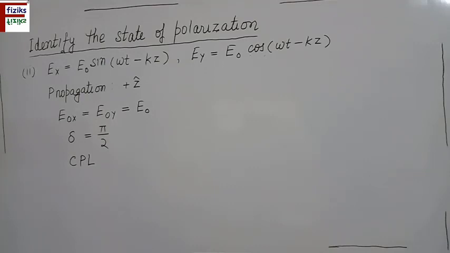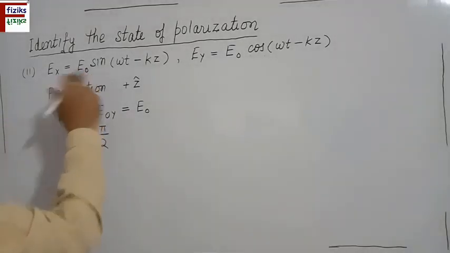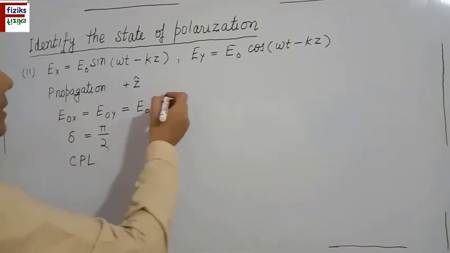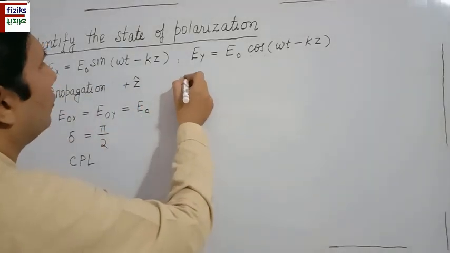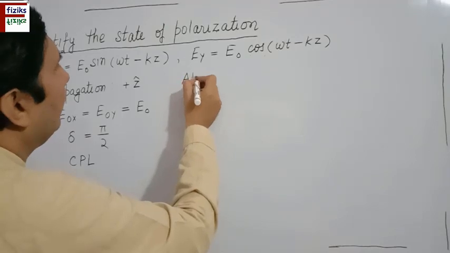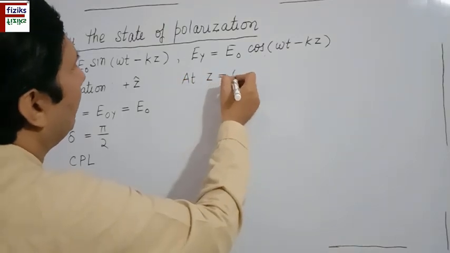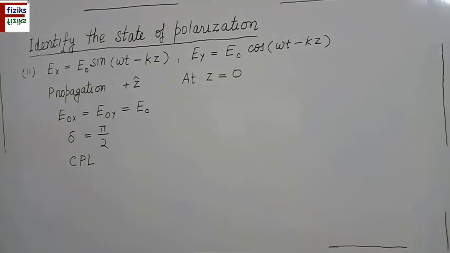Now the next question is we have to find out whether this CPL is RCPL, meaning right circularly polarized light, or LCPL, left circularly polarized light. To find this out, we will write the Ex and Ey components at z equal to 0.